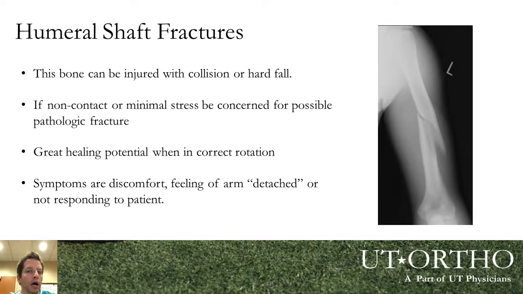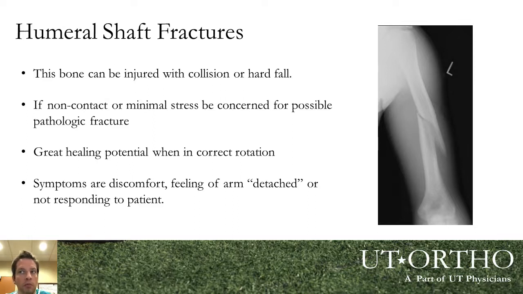All right, humeral shaft fracture. I think this is the last fracture portion. So this bone can be injured with a hard collision or fall. Sometimes these bones fracture and there isn't much trauma. Sometimes there can be things called pathologic fractures, where it's either benign or other tumor that can cause the bone to fracture with minimal trauma.